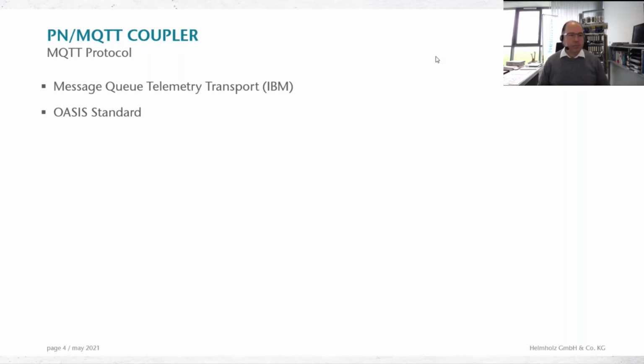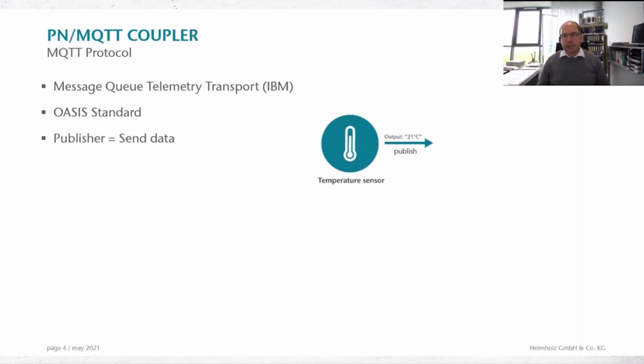So it's open. The concept behind MQTT is a publisher-subscriber concept. You have a publisher, which could be a sensor, like a temperature sensor in my example here, or also a PLC. This publisher publishes information, for example the actual temperature.